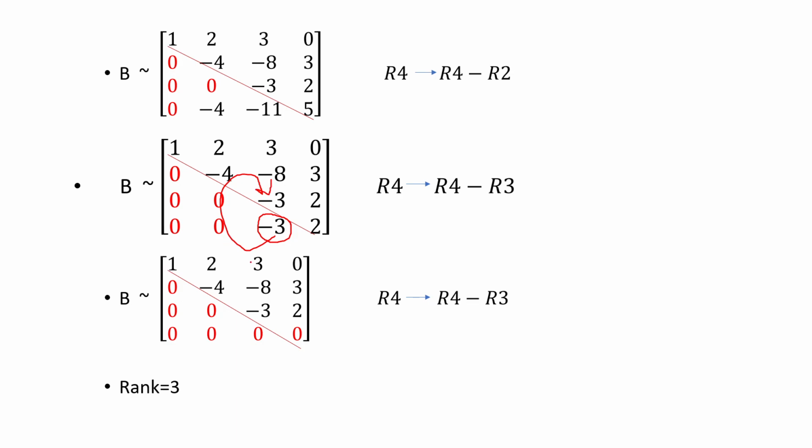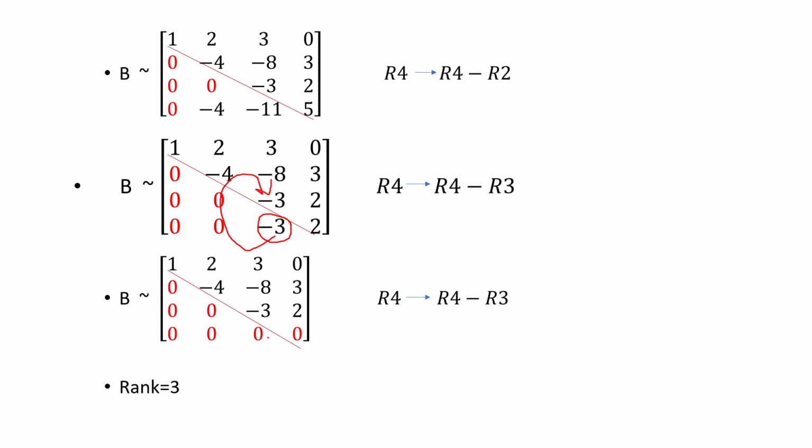And for this, I will be using the operation R4 goes to R4 minus R3. Look here, I got zeros. But when I am in the procedure, I got the element beside it also to be 0.